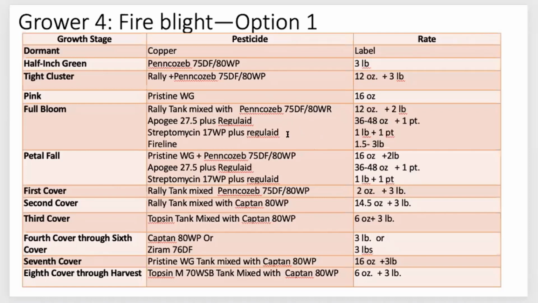Here our bloom can last a day, which is great for managing fire blight. There have been other times where bloom could last a week or longer if it's really cool, and so you might end up needing 2, 3, or even 4 applications of strep. We recommend using Regulate with that to get better coverage and more protection. Lots of studies have shown that actually.